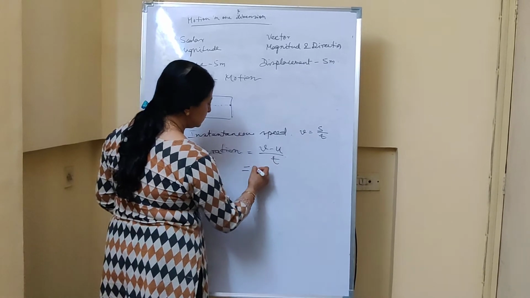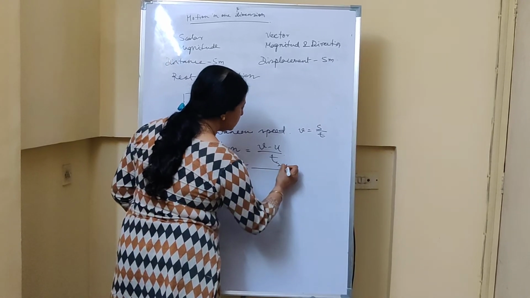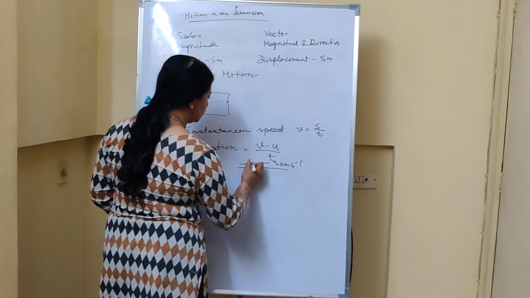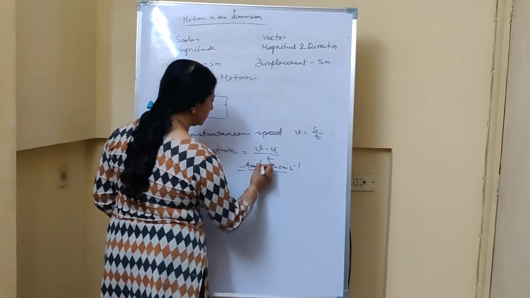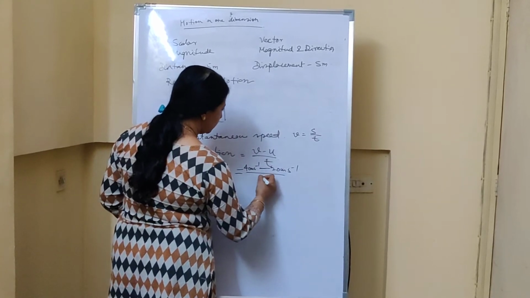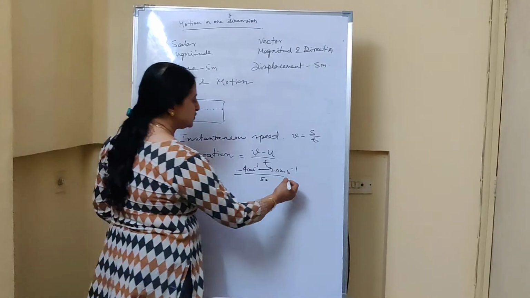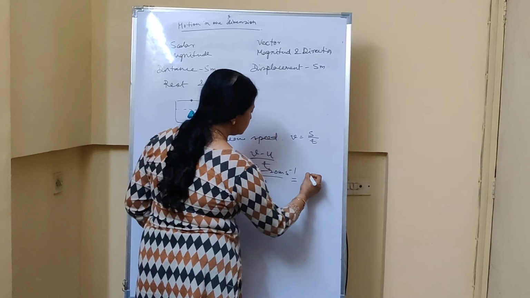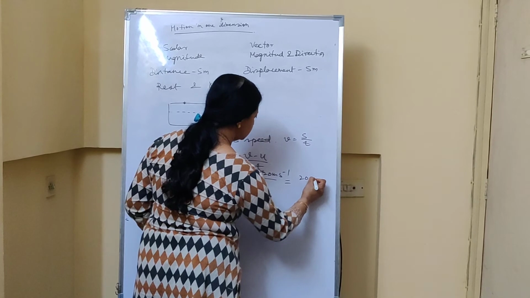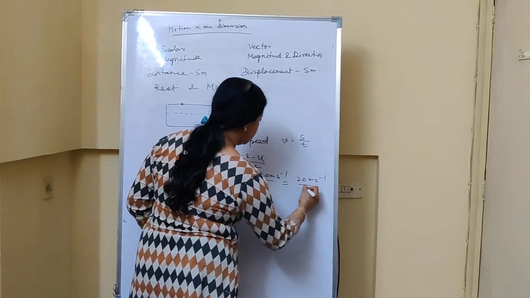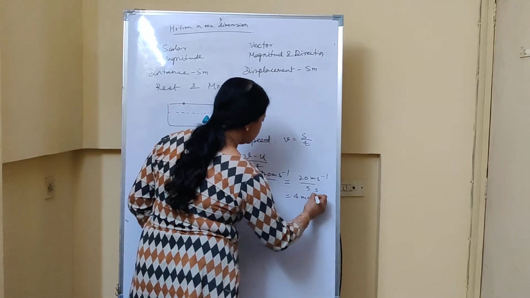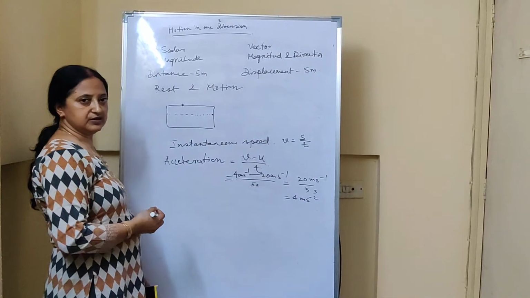Suppose the object is moving with initial velocity 20 meter per second and reaches final velocity 40 meter per second in 5 seconds. So 40 minus 20 gives you 20 meter per second by 5 seconds. So 4 meter per second square, that is called the acceleration.